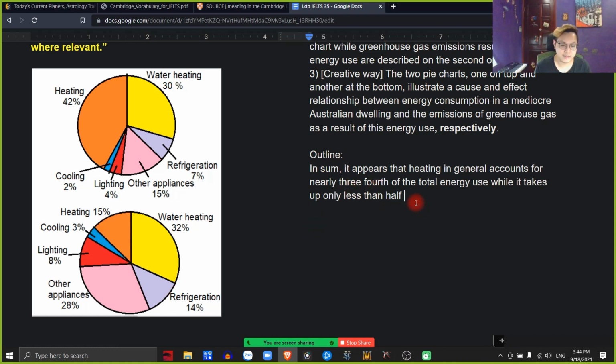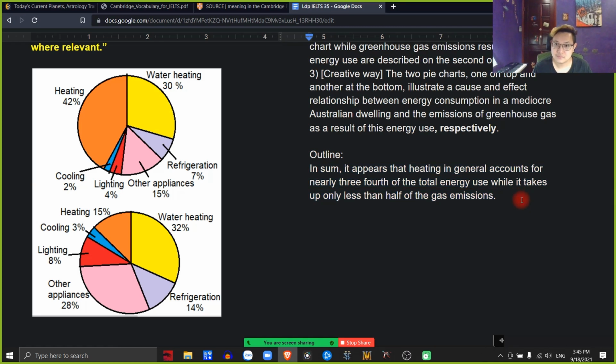Takes up only less than half of the gas emission. Đây là một cái điều đáng nói chứ. It's something that is very worth saying because this one is so big, you know.